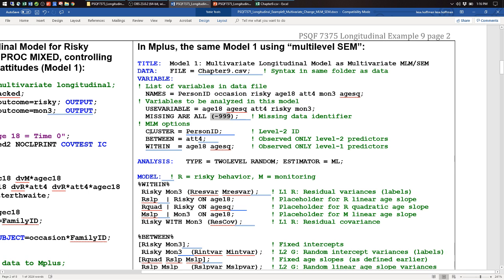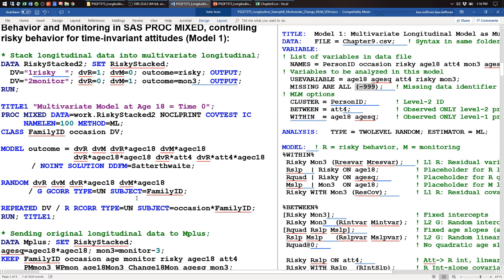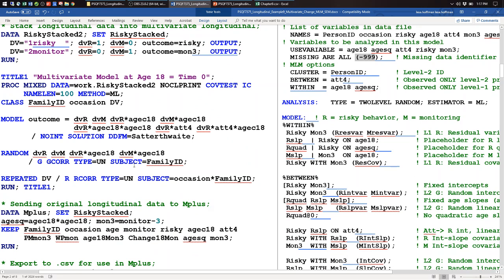There are options that are specific to multilevel models. These are analogous to what you say in SAS in terms of the subject statements. Cluster is your level 2 ID variable. You then have to define any variables that are only level 2, such as attitudes here.